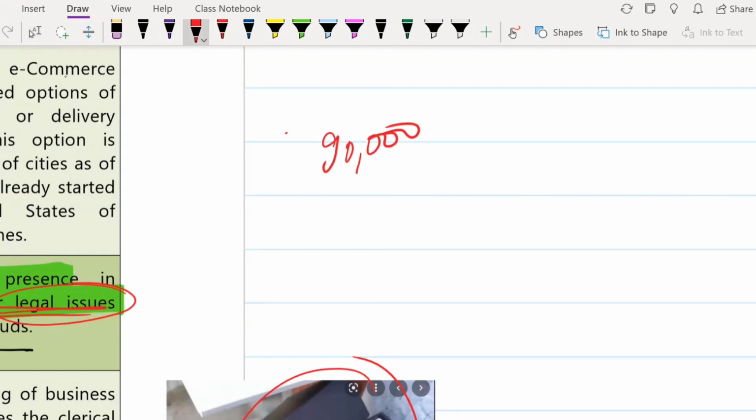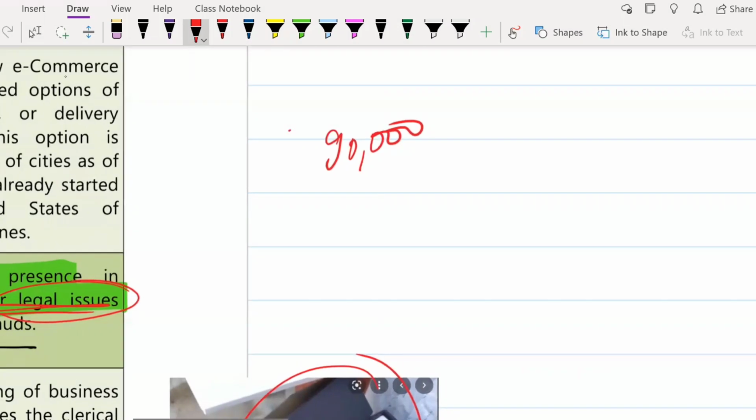By mistake, the person running the e-commerce admin put an offer on it. He shouldn't have put an offer on it, but by mistake he did. It was for some washing machine, I think, if I'm not wrong. The same product was sold at 5,000 rupees, and many people even placed an order for it.